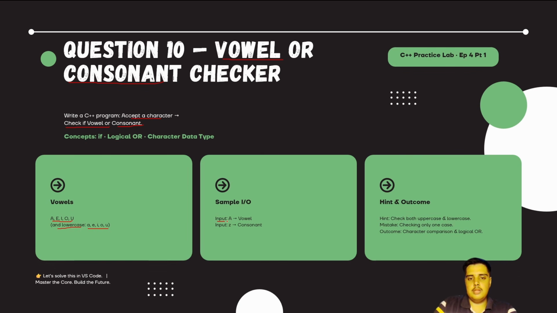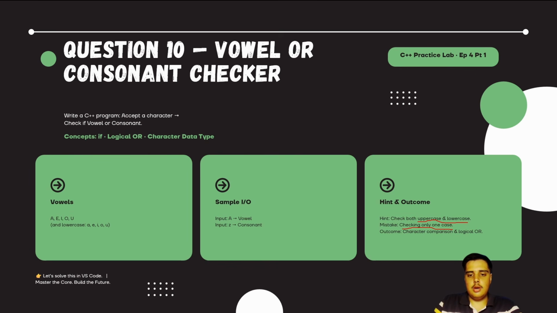If the input is A, then it's a vowel, but if input is Z, then it is a consonant. The hint is we have to check both uppercase and lowercase. The possible mistake is that we check only one case, uppercase or lowercase. So the outcome should use character, comparison and logical or. So it's a little bit complex also.